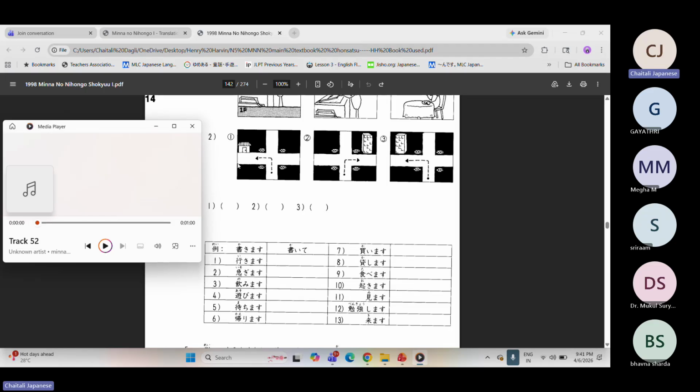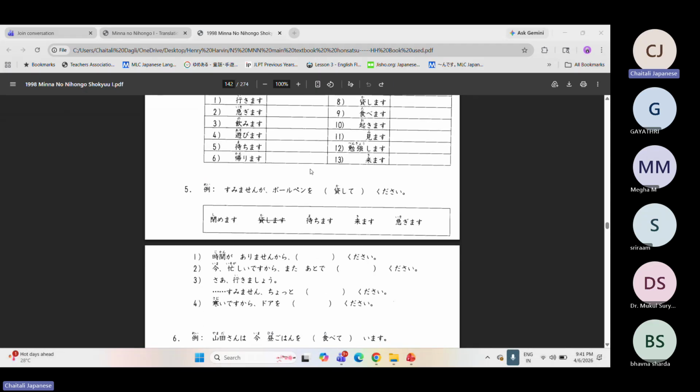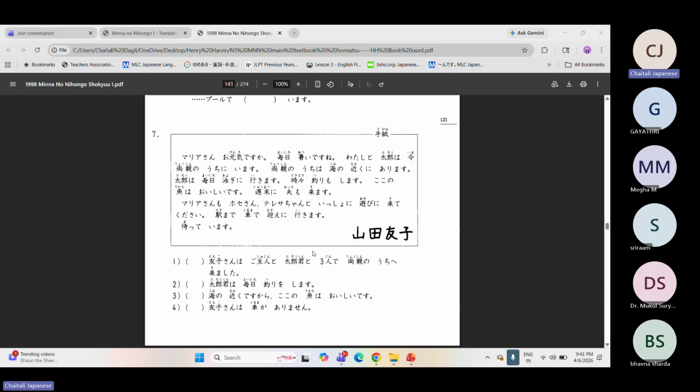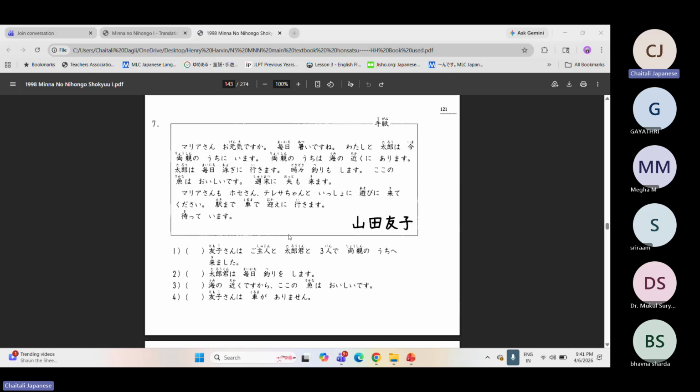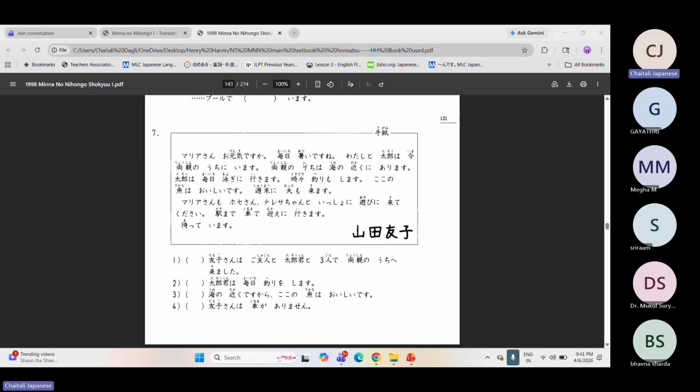Okay. Good. Now I'm going to give you like 10 minutes to solve these questions. 5th, 6th, 7th. 7th, I want you to try as homework. 4th, you have already solved. For 5th, you have to mark the appropriate option and write the appropriate verb in te form.